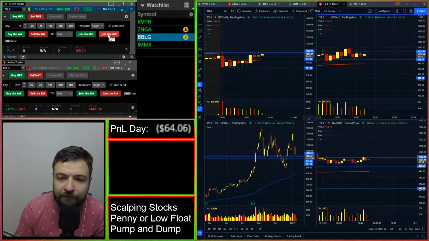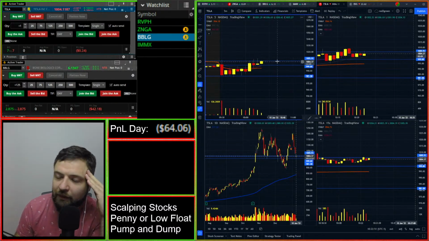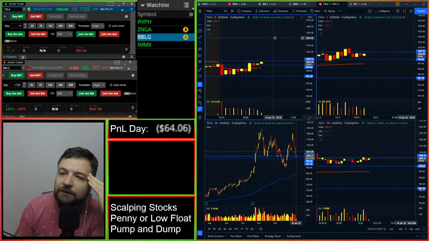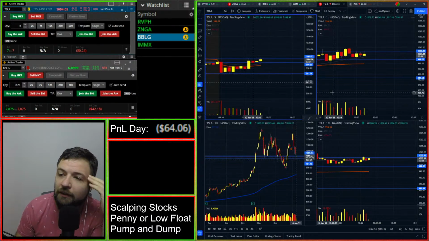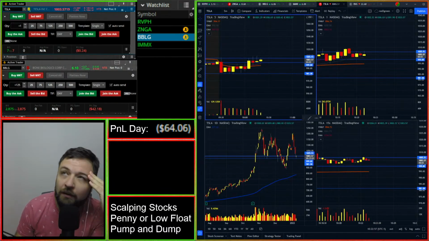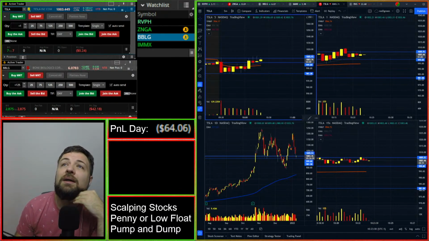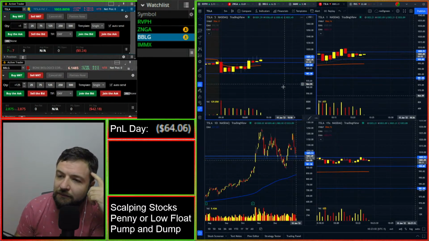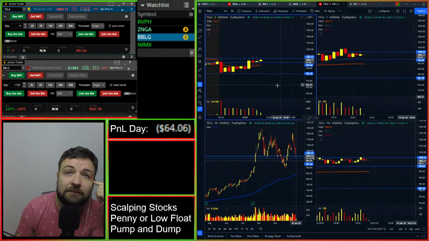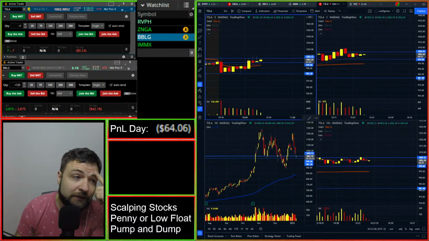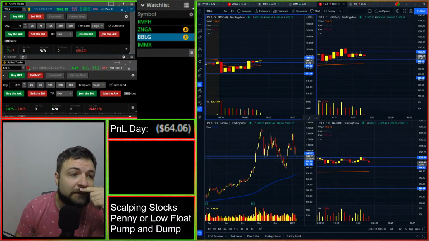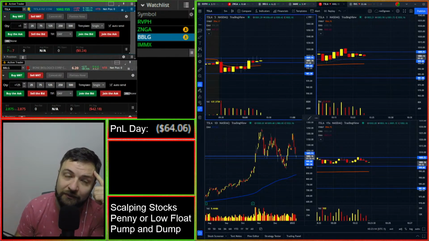BBLG is popping. So let's look. Probably 5-minute setups on Tesla are better than 1-minute setups. Only thing that's moving is BBLG 620, and then it flushes down to 6.